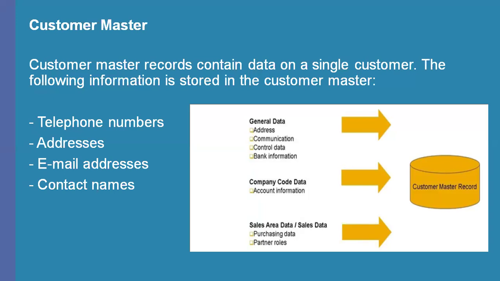But in ECC, it's not like that. I'm not saying that in ECC we don't have business partner. Business partner will be there, but it is not necessary that the customer master and the vendor master will always be linked with the BPID. That is not necessary in ECC, but it is necessary in S4.